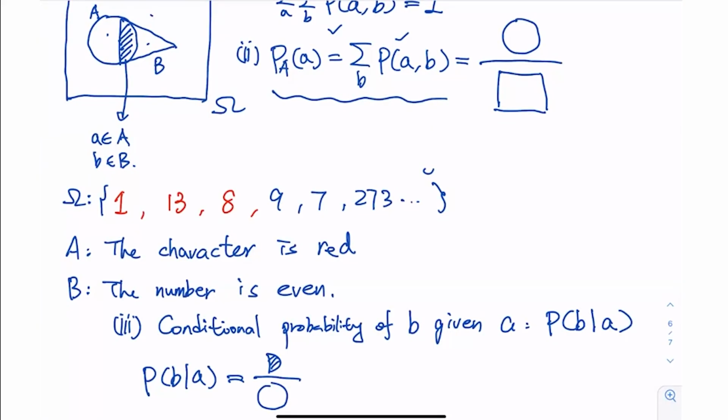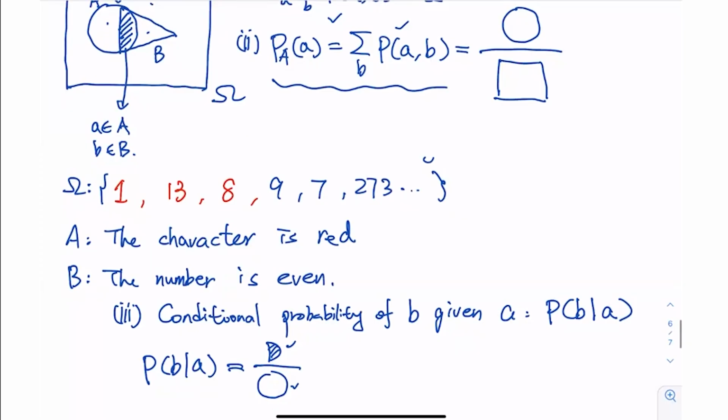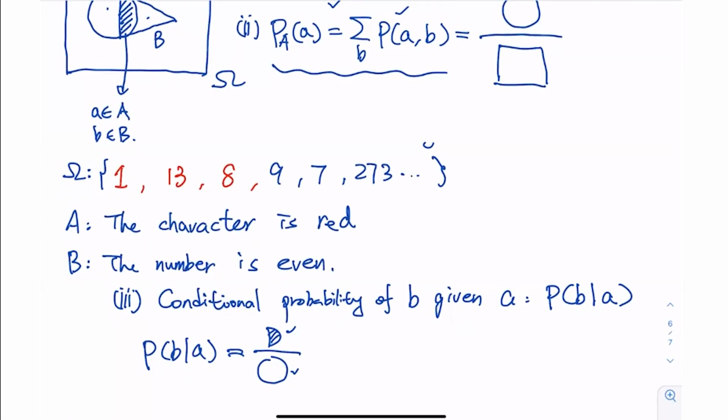Because you give the condition A, that means that it needs to be within this circle, and you are asking what is the probability that you get something that's of B. So you need to find the overlap, which is this shaded region, and divide it by this event space of A. And similarly, you can simply guess or derive that this is the conditional probability of A given B is observed. Okay.